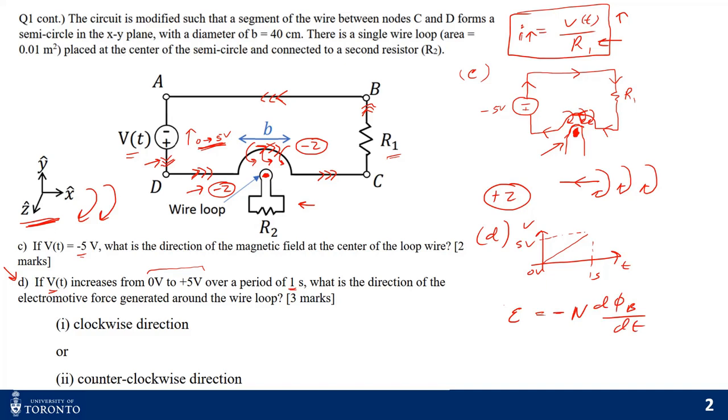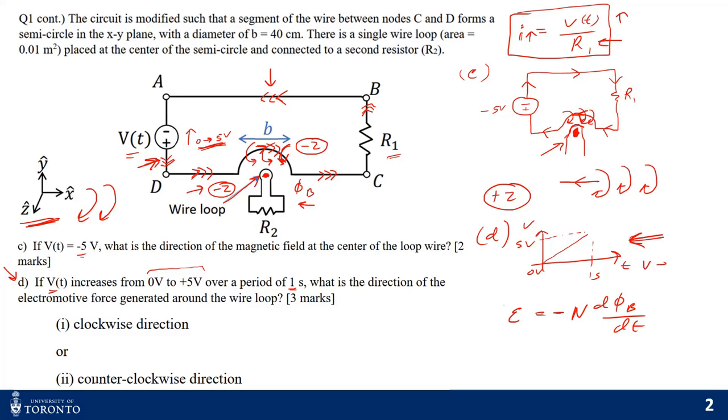As you are increasing the voltage, this current is increasing. So the magnetic field at the center position, which is the magnetic flux phi B, is changing with time, because you are changing the voltage with time. If you are changing voltage with time, current is also changing, so magnetic field is changing.